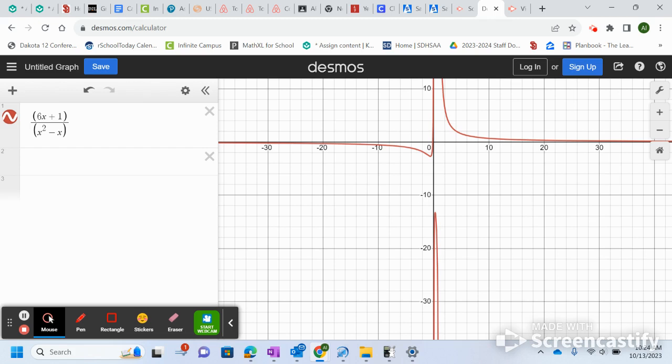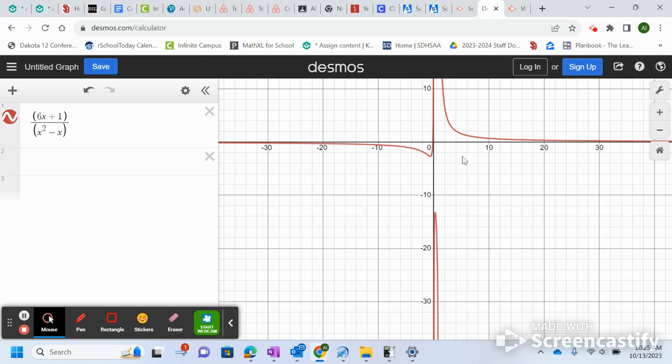So, do I have a horizontal asymptote here? Yeah, I have a horizontal asymptote at 0 to the left and 0 to the right. It looks like it wants to go down, then it decides, oh, no, I don't like it that way, and it turns around and goes back up. So that's what happens when you start having variables on the top and powers on the bottom.